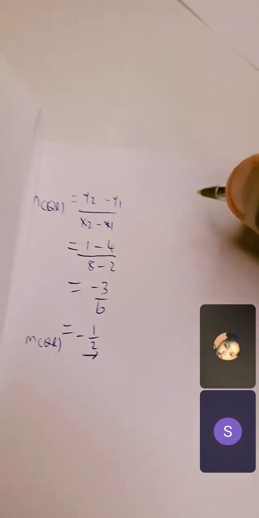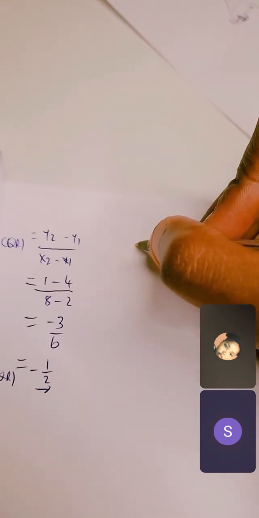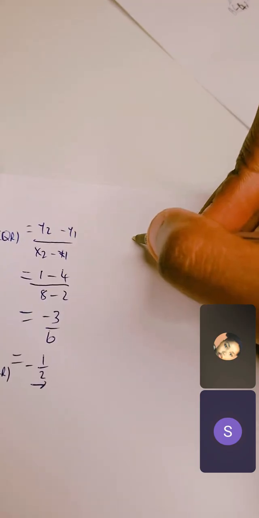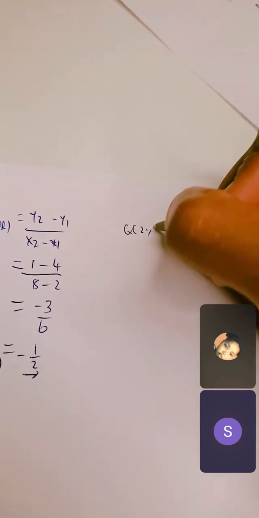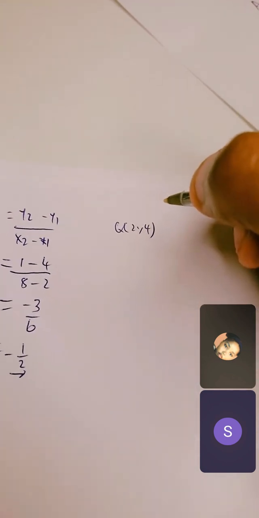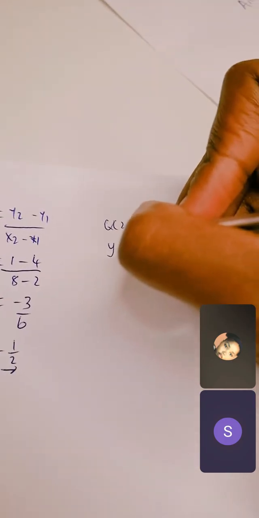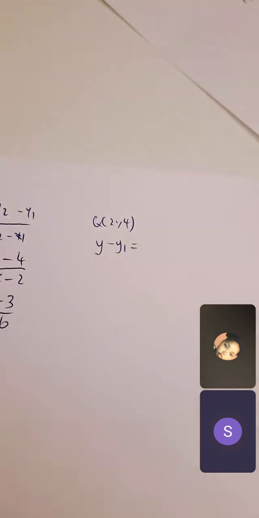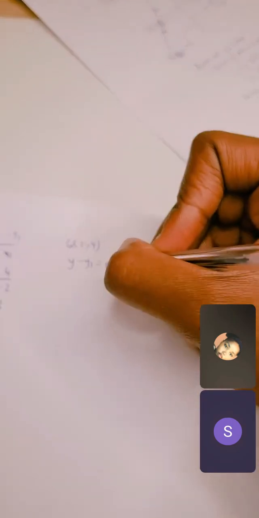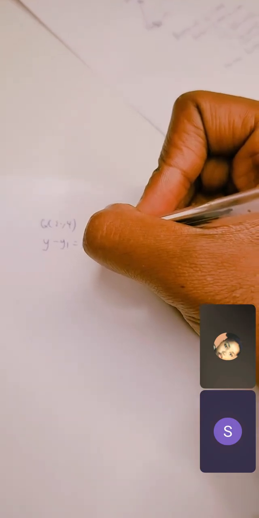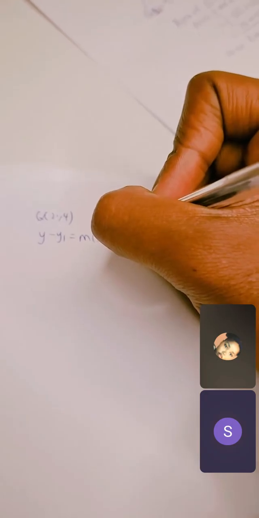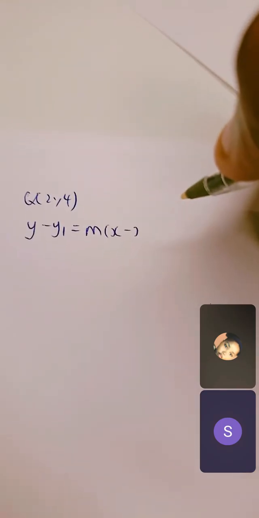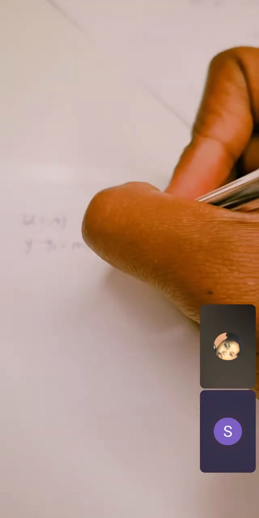Now we use the point-slope form. Point Q, which is 2, 4. Y minus Y1 is equal to M, open bracket, X minus X1.